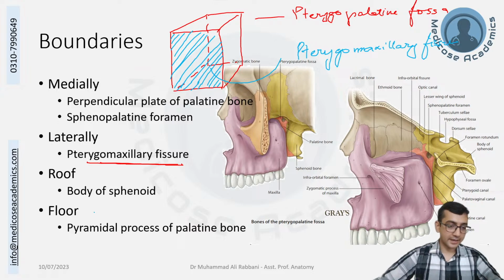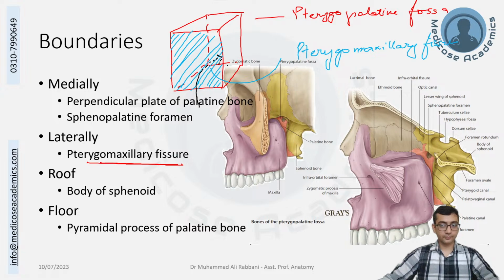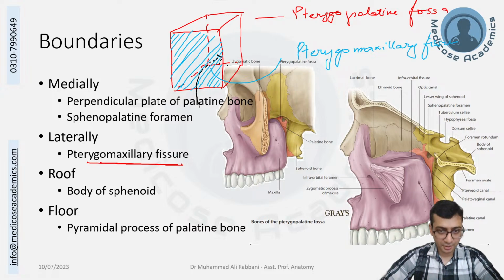So what we can say is that when entering the pterygopalatine fossa, you pass through the pterygomaxillary fissure to gain access to the inside of the cube. This is the pterygomaxillary fissure.